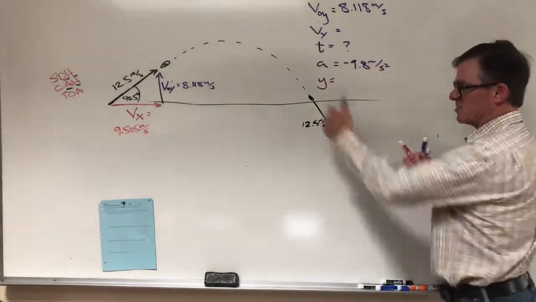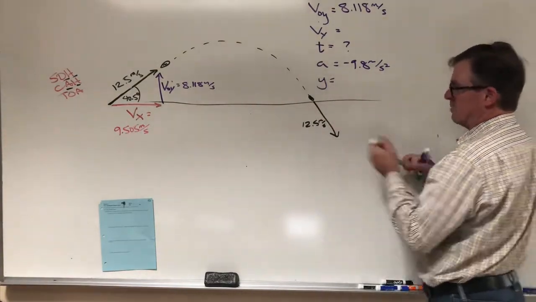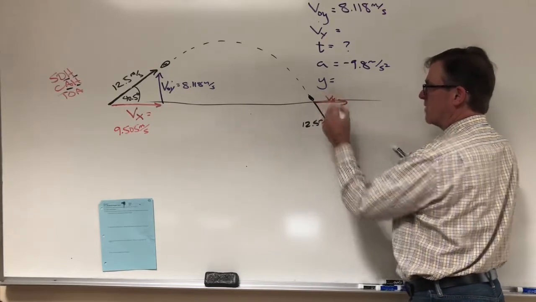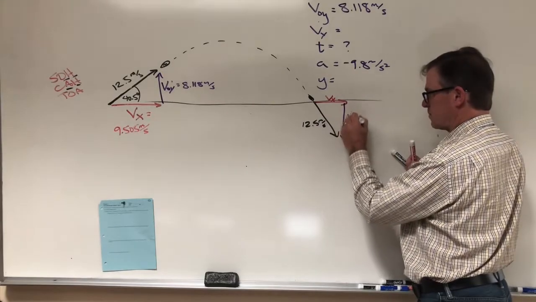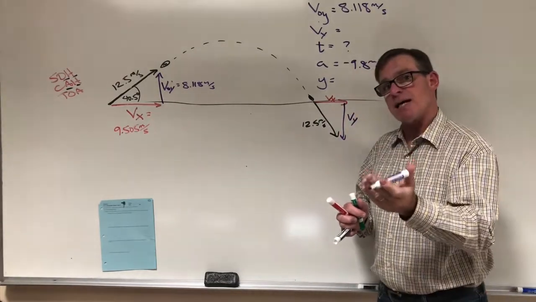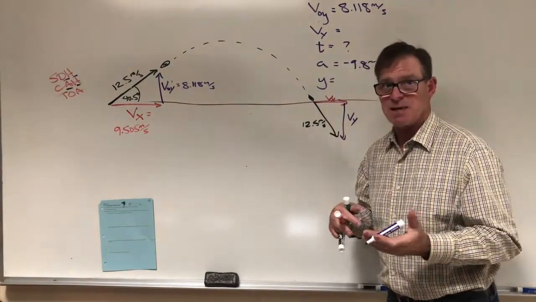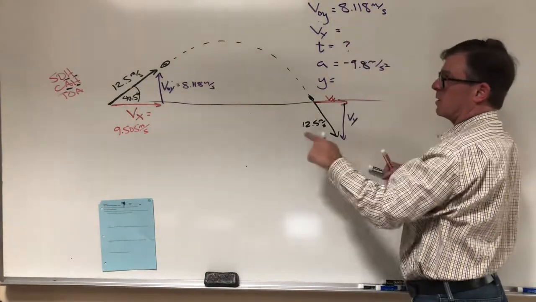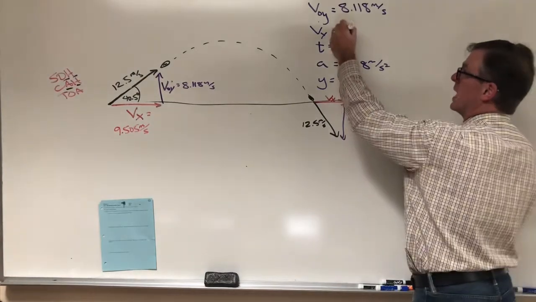But again, this 12.5 meters per second that's acting down at an angle can be thought of as having a horizontal component, Vx, and a vertical component, Vy. And just like what you throw up at 10 meters per second hits your hand coming down at negative 10 meters per second, what goes up at positive 8.118 comes down at negative 8.118.